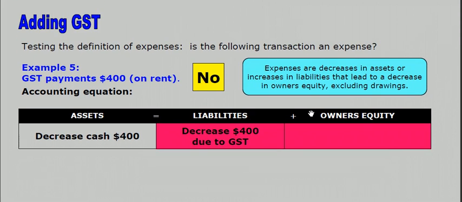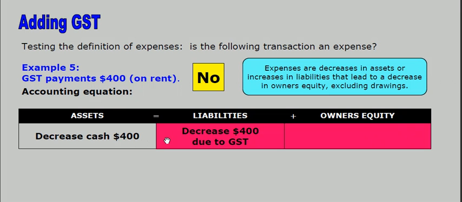Let's just talk about GST quickly. Let's assume that the business pays, say, $400 GST on its rent. Could be anything, let's just say rent. Is the payment of GST an expense? Let's have a look. It certainly decreases assets. In this case, cash assets are down $400, so part of the definition has been met.